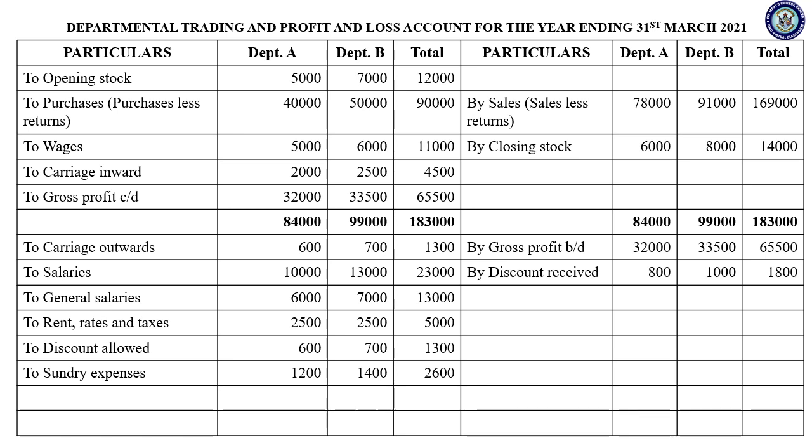And the last one, closing stock, it is already recorded. You see the additional information, number 1, that is just the apportionment ratio. Number 2, depreciation at 10% is to be charged on machinery.